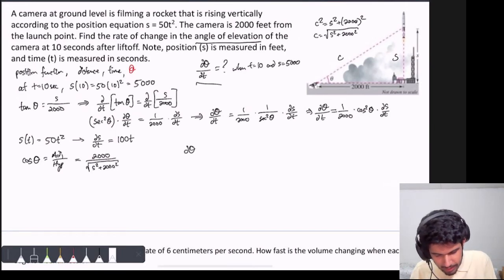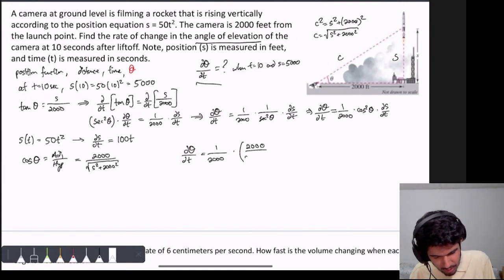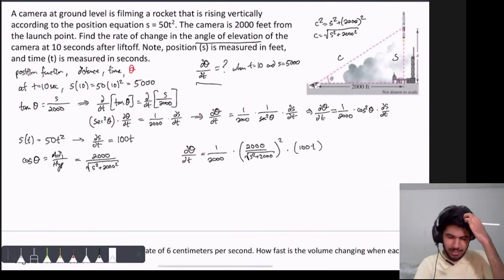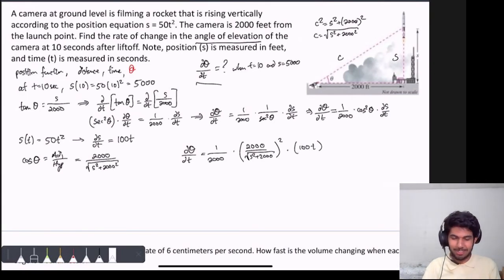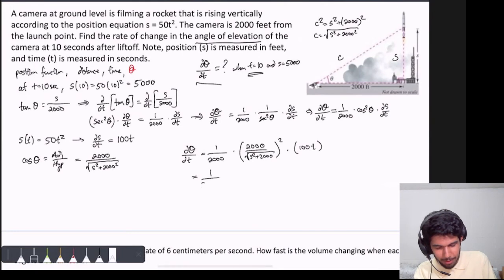So we have now d theta dt equals 1 over 2,000 times 2,000 over the square root of s squared plus 2,000 squared, that quantity squared, times ds dt, which is 100t, right? And now we can solve for d theta dt when t equals 10. So now we plug in t equals 10.